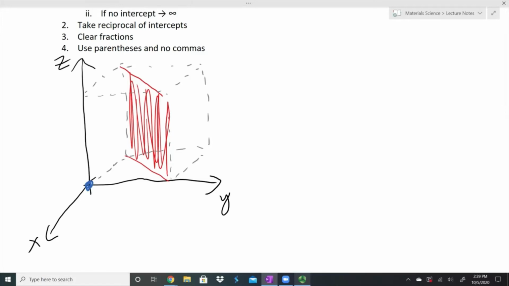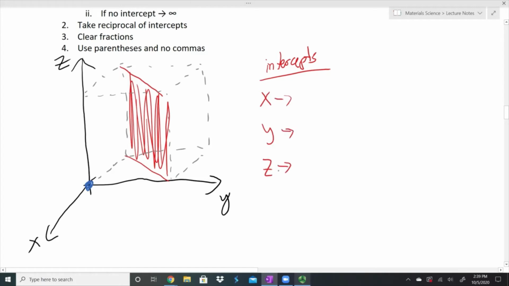So the first thing I'm going to do is figure out my intercepts. My x, my y, and my z. In this case, if this is my origin and x is positive coming out of the screen, then it's going to be -1 where it's intercepting the x-axis.